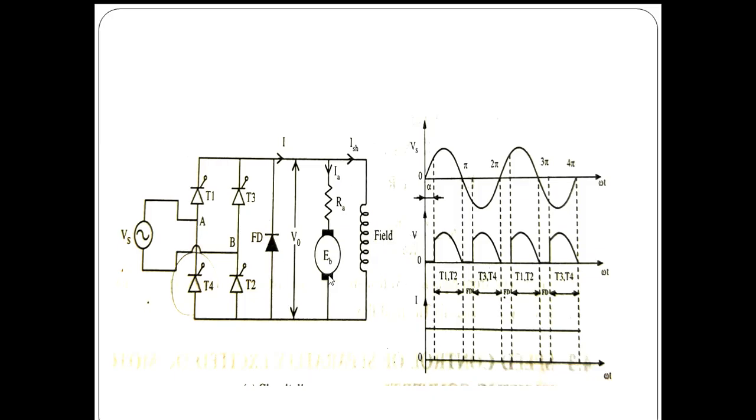From the motor through the freewheeling diode the current will be circulated in this path. This is the path for current during the period pi to pi plus alpha.